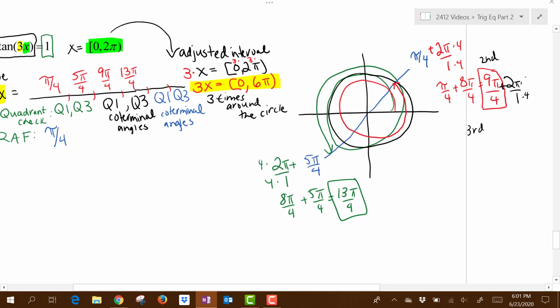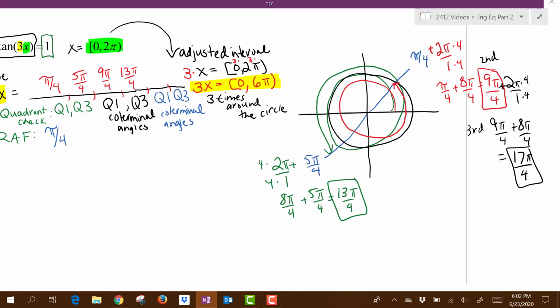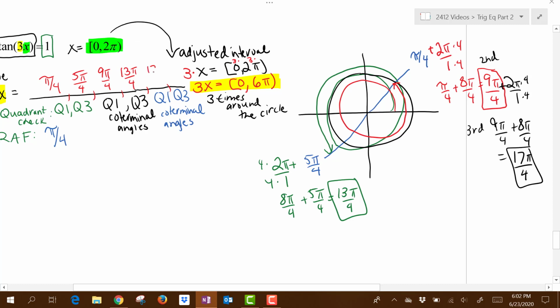Need a common denominator of 4. So I have 9 pi over 4 plus now 8 pi over 4, and I end up with 17 pi over 4. So that's for the third time around that unit circle. Remember, looking for coterminal angles, and we add 2 pi to find coterminal angles.